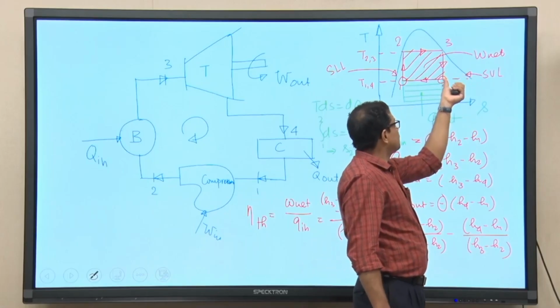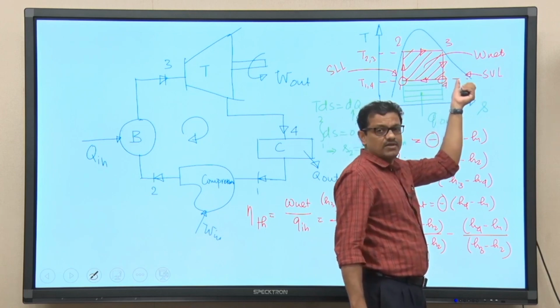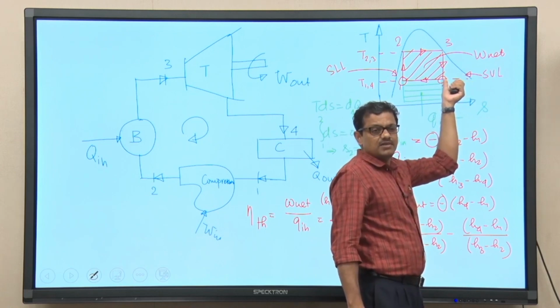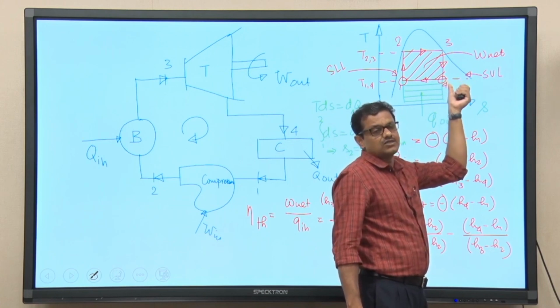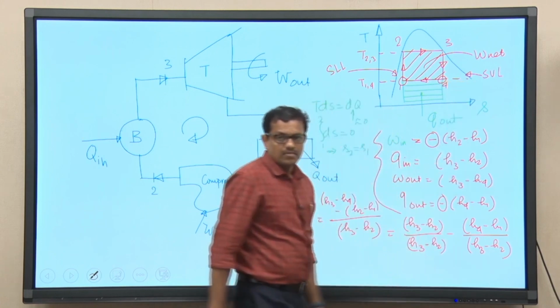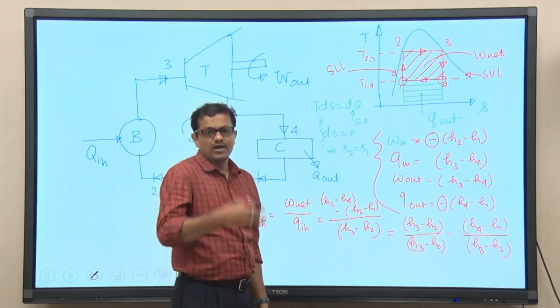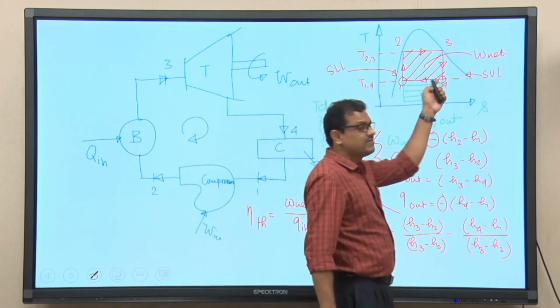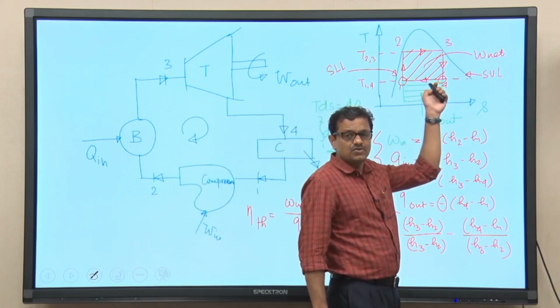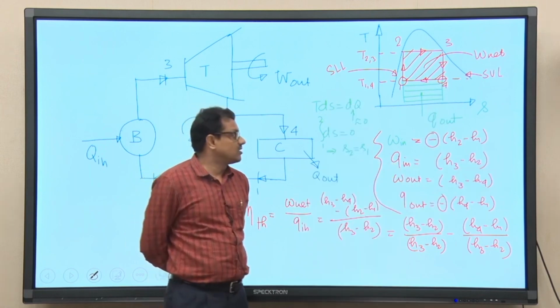But since state point 4 is away from the saturated vapor line, the quality of the stream at the exit of the turbine is not very good, it is poor rather. Poor quality of steam at the exit of the turbine may lead to turbine blade pitting and erosion.